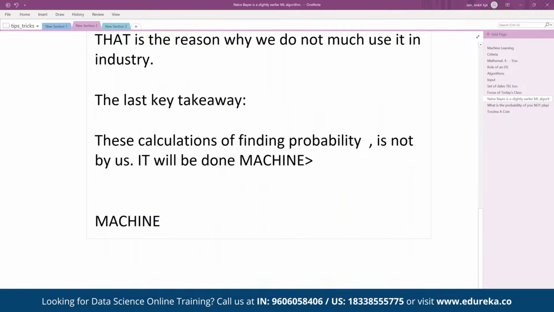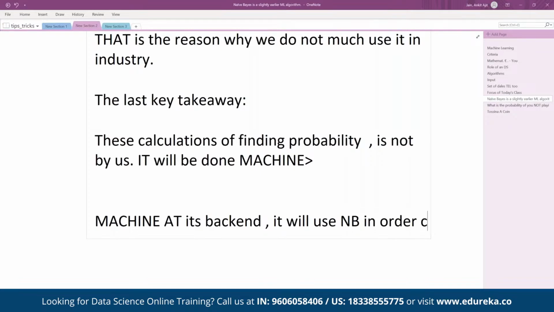That the machine, at its back end, will use Naive Bayes in order to calculate probability and classify. Are you all understanding?